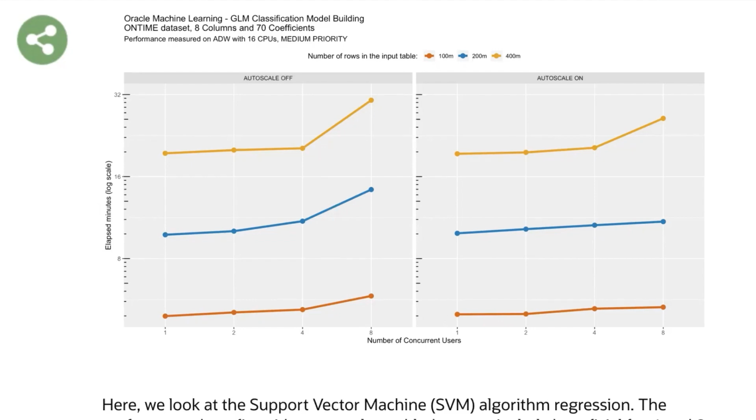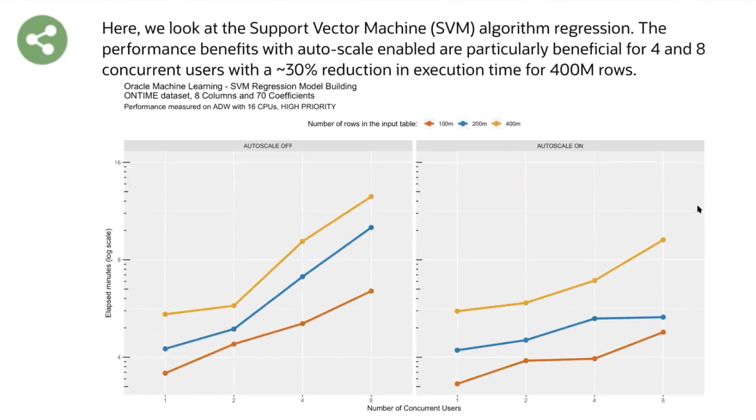You don't have to do anything other than flip the switch when you configure the database. You will see better performance for more concurrent users. So these are the types of things you want to be looking at, and the features of autonomous database that make this environment quite good for concurrent users, giving you a lot of flexibility in how you configure the database and work with concurrent users.